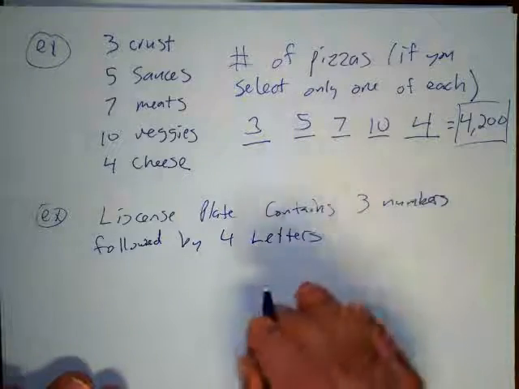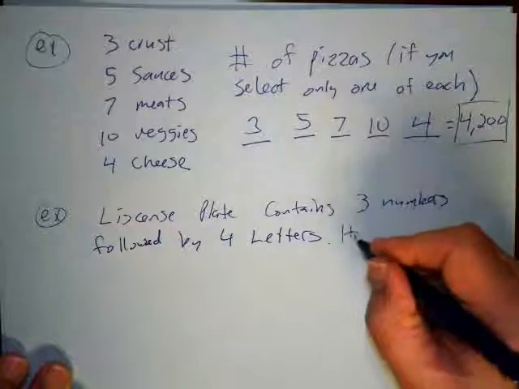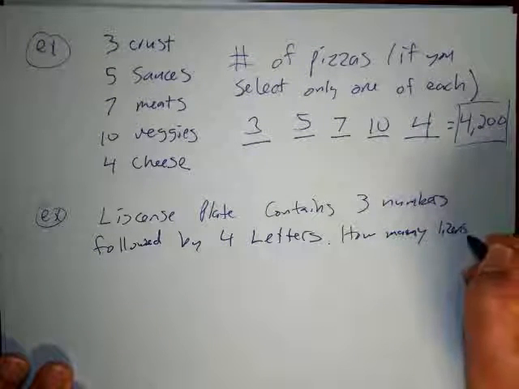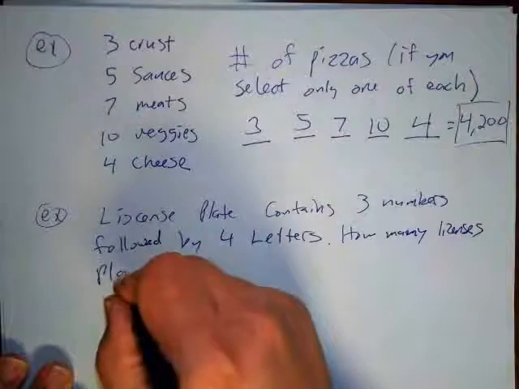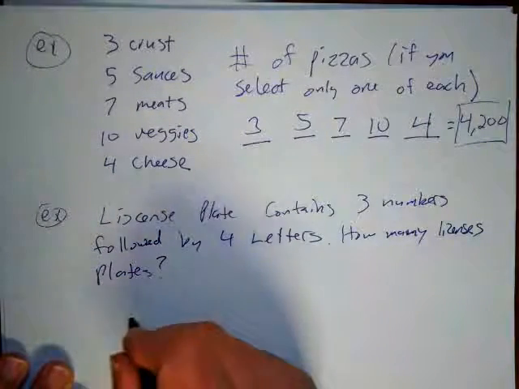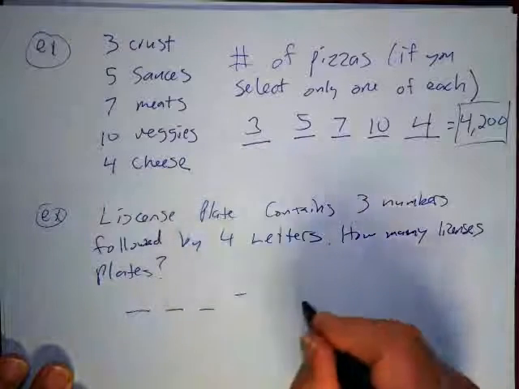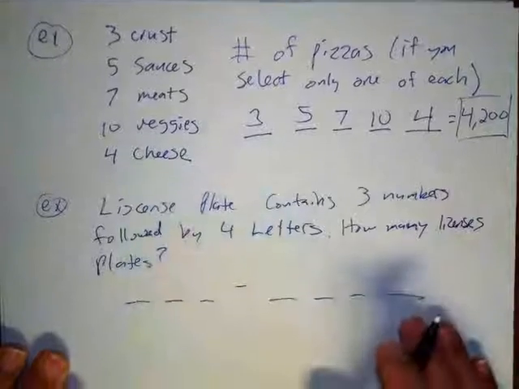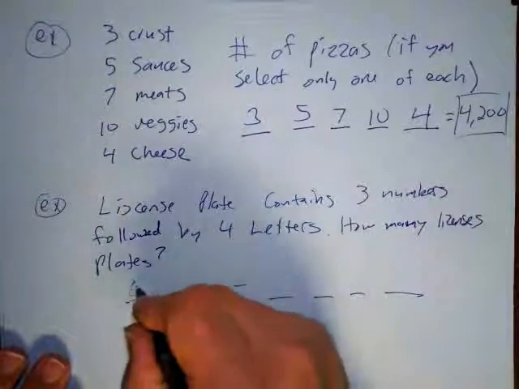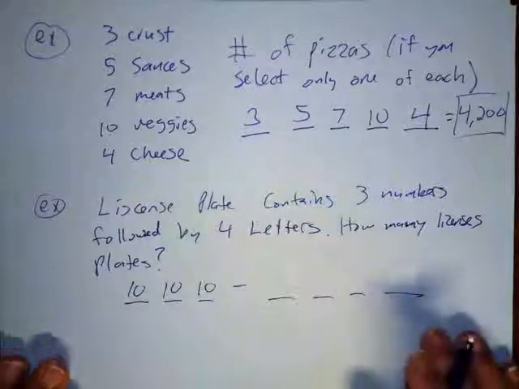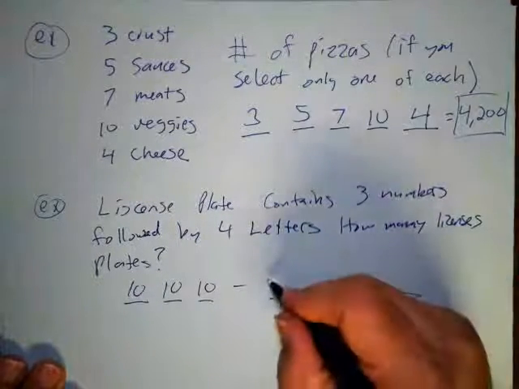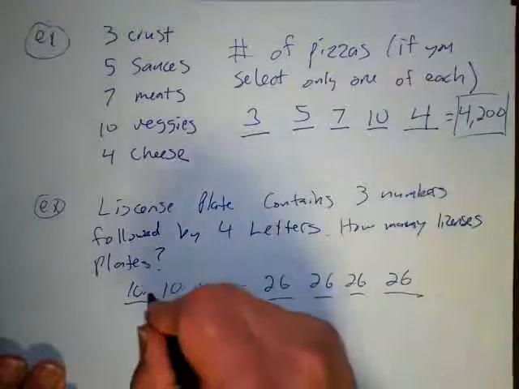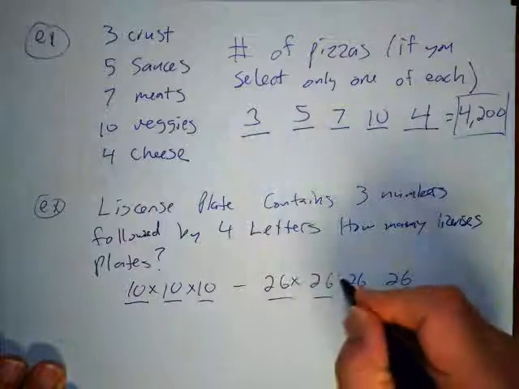And the question is, you want to know how many license plates are there. Okay, well, there's 3 numbers and then 4 letters. Okay, so for each number, you got 0 through 9. So there's really 10 ways to choose each number, and then 26 letters to choose from for each of these. And then you could multiply these together.